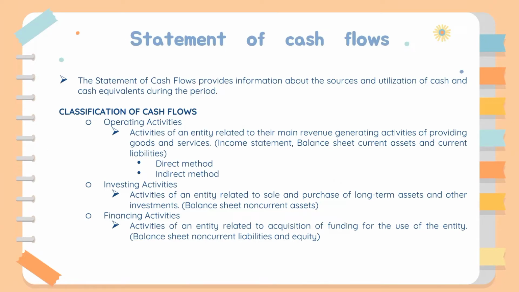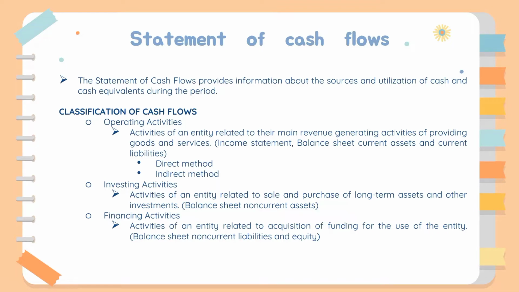So, meron tayong 3 classifications of cash flows. Meron tayong operating activities, which are those main revenue generating activities na we usually see sa income statement and sa current asset and current liability section ng statement of financial position. So, meron tayong dalawang method.